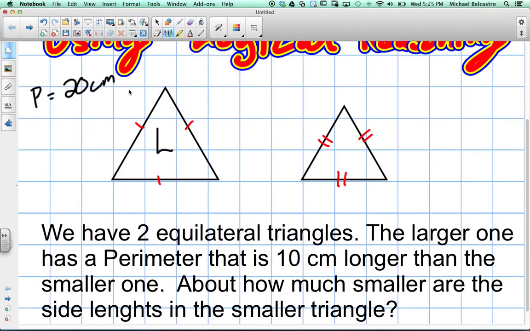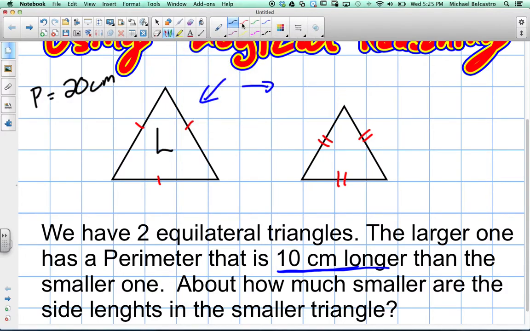Now, we need to figure out these side lengths. If this is 20 centimeters, how large is the perimeter of the smaller one? Well, it's 10 centimeters longer, the large one. So what does that mean? How do we figure out the smaller perimeter?